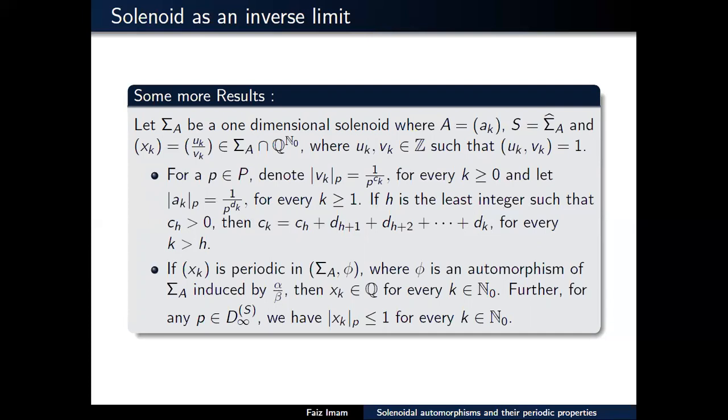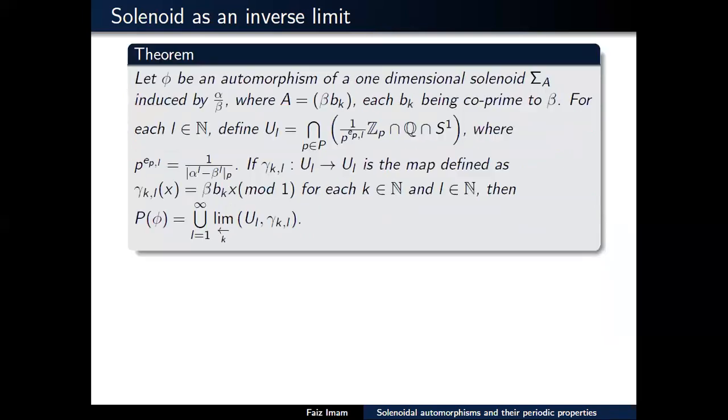And the next thing is that if XK is periodic in sigma, where phi is an automorphism of sigma A induced by alpha by beta, then every coordinate is a rational number for every K belonging to N naught. Further, we also obtained this result that if P is in the set D infinity S, then the periodic norm of every coordinate is less than or equal to 1. So these are two observations which we made along the way.